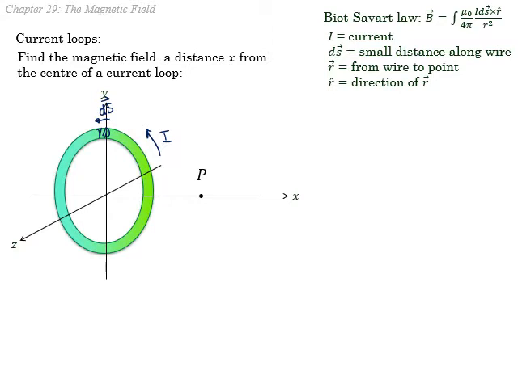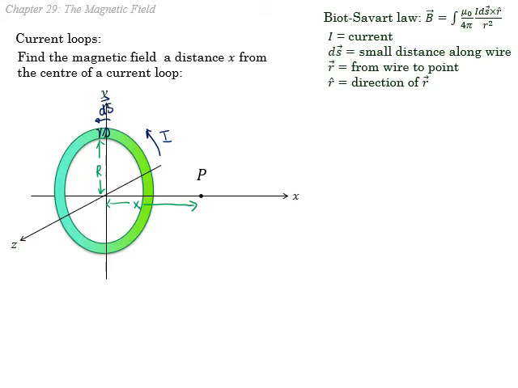Our loop has a radius r, so let's label the radius. We're going to try and find the magnetic field at some point P, which is a distance x along the x-axis.